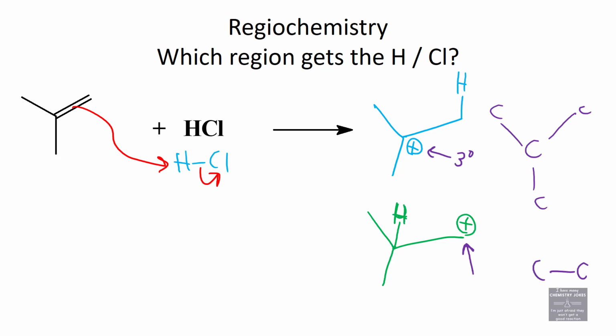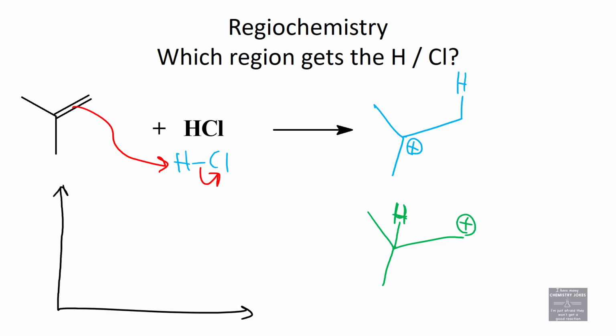This carbon is connected to only 1 other carbon, so that's a primary carbocation. The rules are, in general, a tertiary carbocation is more stable than a secondary carbocation, which is more stable than a primary carbocation, which is more stable than a methyl. Let's not even really talk about methyl. So because a tertiary carbocation is more stable, that means it forms faster.